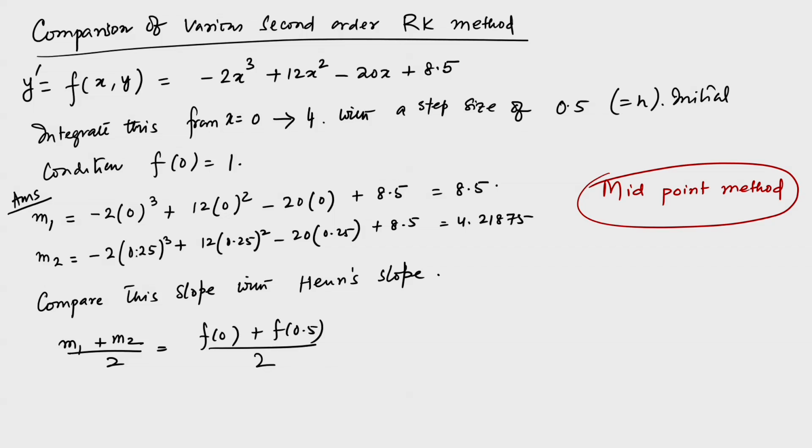So, instead of 0.25 here, you put 0.5 and then take half of the slope. If you calculate it, it becomes equal to 4.4375, and the slope in the midpoint method is of course different. So, this is the Heun slope. And the slope becoming different, the values will start getting different.